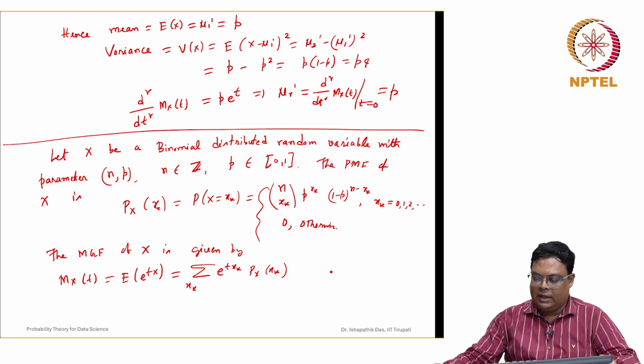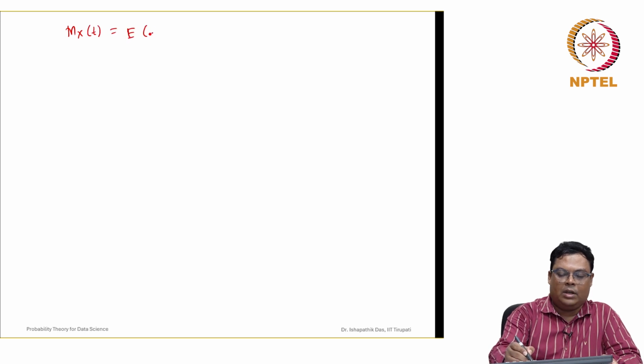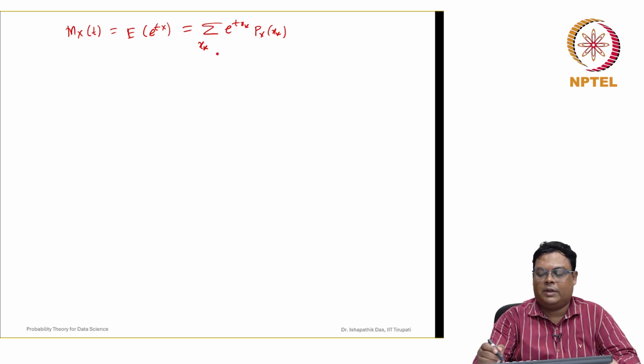So for the discrete case, it is the summation over k of e to the power of t x_k times the probability that it takes x_k, over all the possible values of x_k it can take.